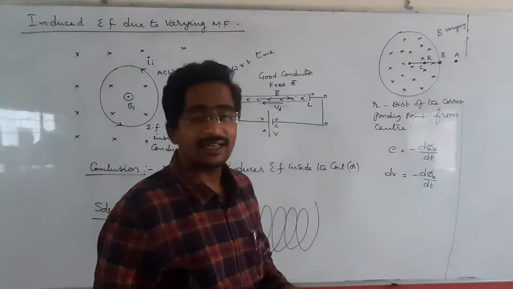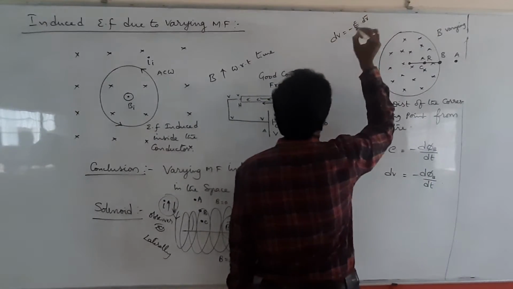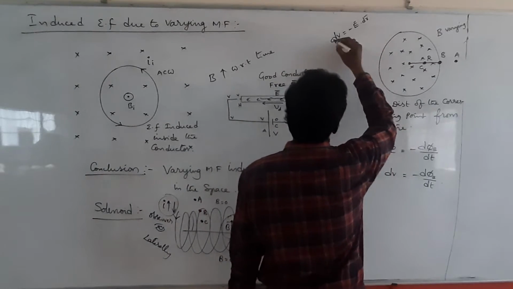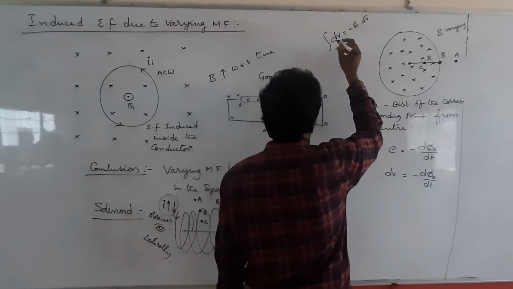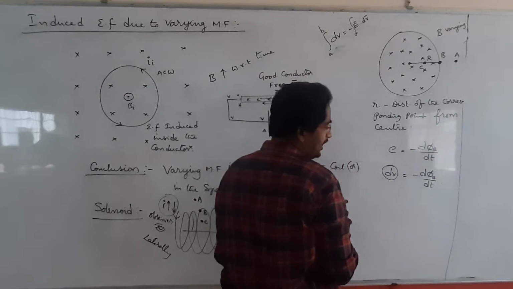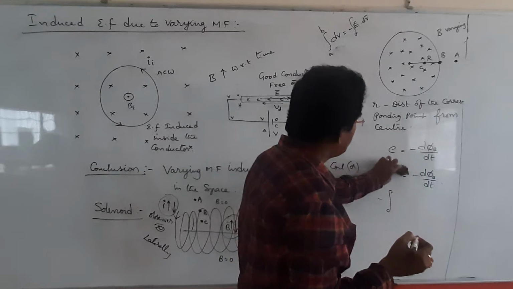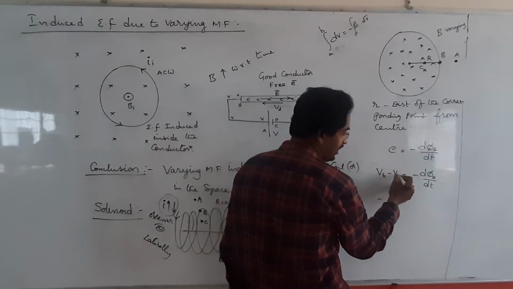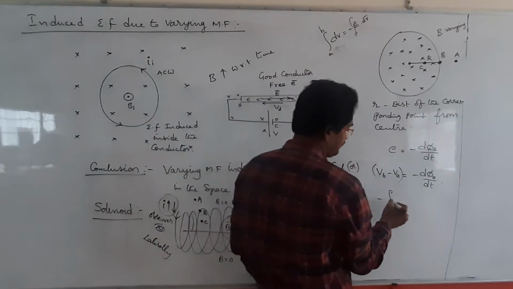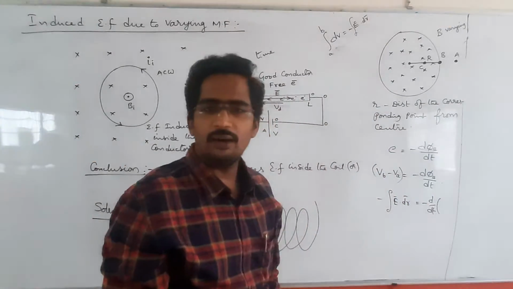What is the relation between electric potential and electric field intensity? dV equals minus E dot dr. Then the potential difference between two points, VB minus VA for example, is minus the integral of E dot dr, equal to minus d by dt of the flux. What is the flux formula? BA.